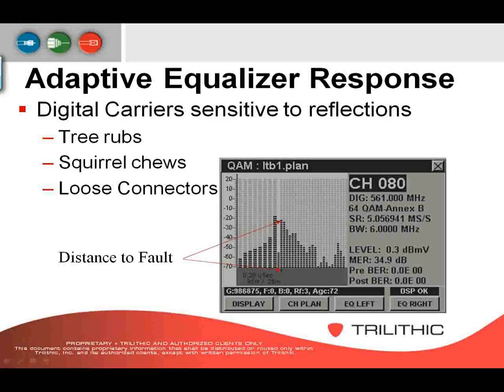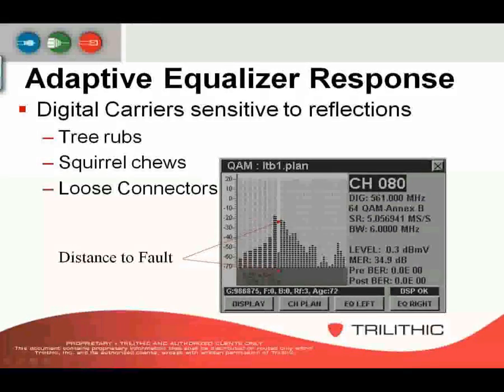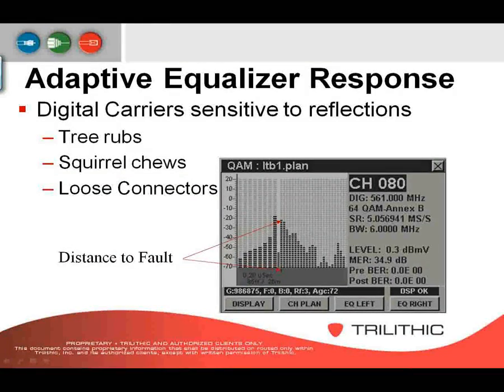Now, the adaptive equalizer changes the level at a particular time. It's time-based. This time matches the time at which the reflection occurs. The gain is reduced only at this time, thus reducing the reflection.